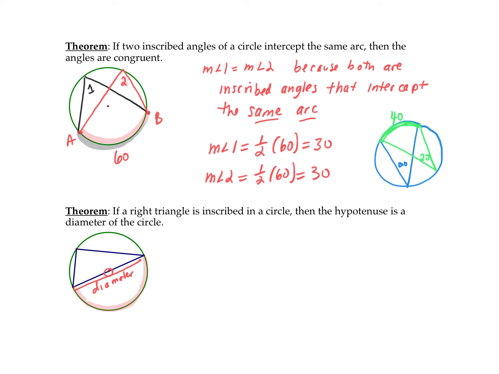You know how many degrees are in a semicircle: 180. Sorry, I didn't switch to the pen tool there. This angle intercepts that arc of 180 degrees. Therefore, it has to be 90 because 90 is 1/2 of 180.